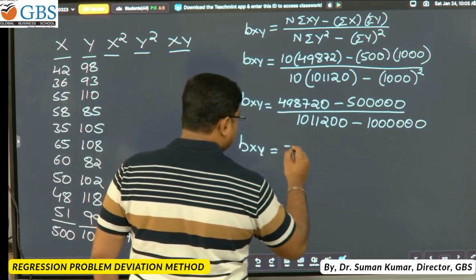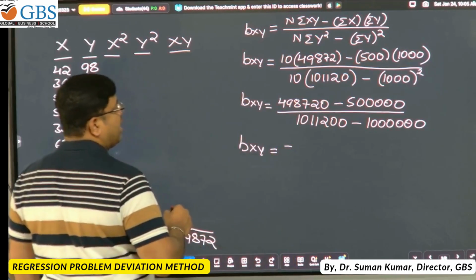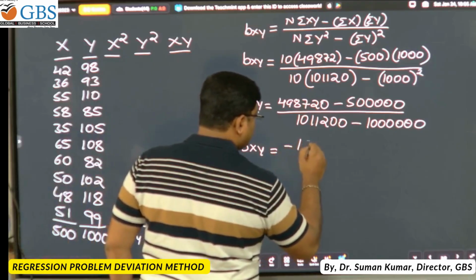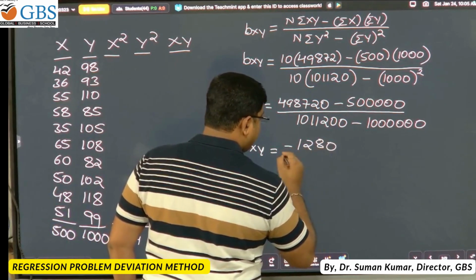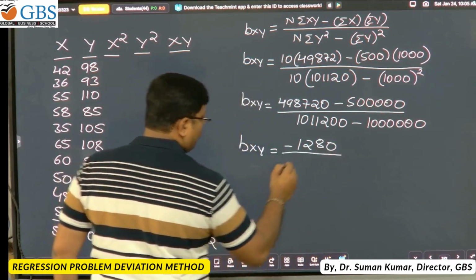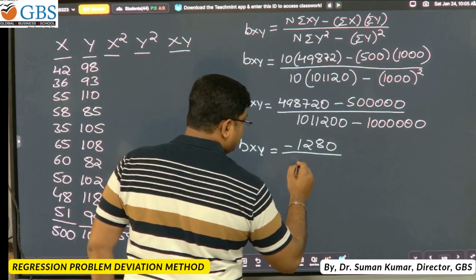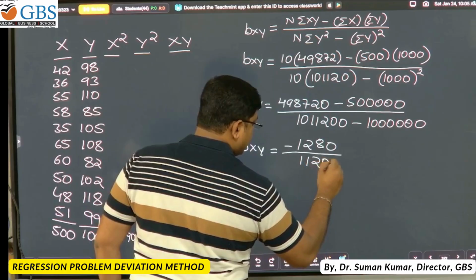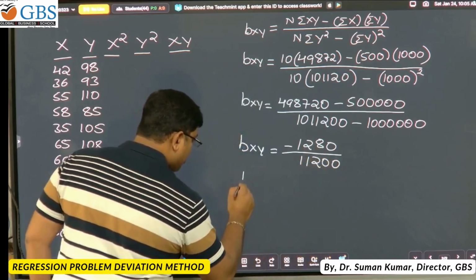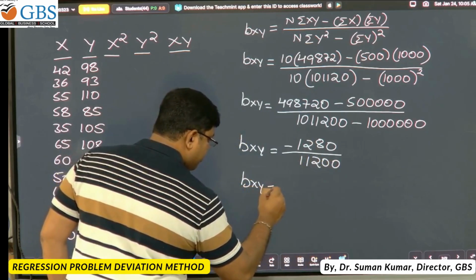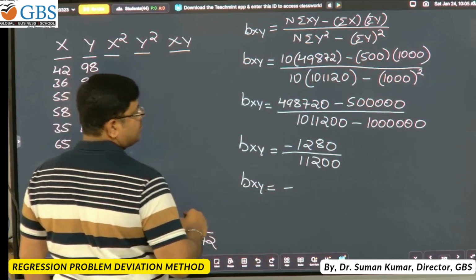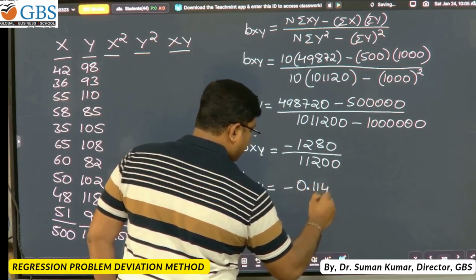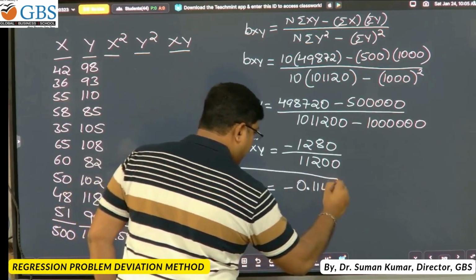It will be minus, 5 lakh is a bigger one. 1,028 divided by, again is it not minus? Minus, no, 1,200. Now you divide these two, minus 0.114. So this is bxy.